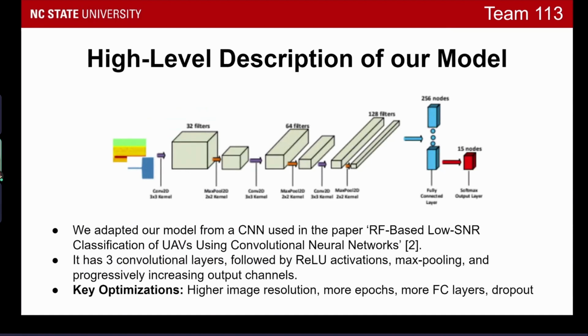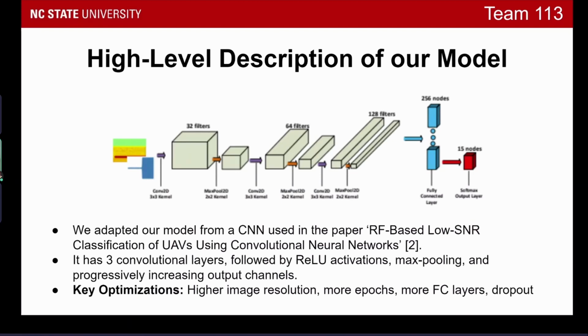So this is a high-level description of our model. We adapted this model from the paper RF-based low SNR classification of UAVs using convolutional neural networks. Our model was designed for image classification with input sizes of 128 by 128, and we had 17 output classes.